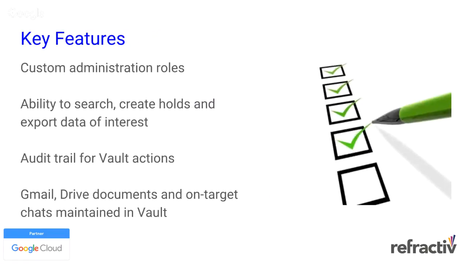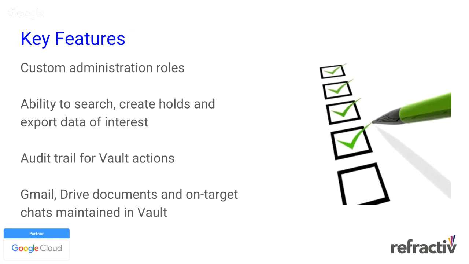There are a number of key features in Vault which help you in this process of archiving, retaining, and discovering your data. And these include comprehensive security features, which help to maintain the integrity of your G Suite data. For example, one of these, which you can see on the screen, is an audit trail.